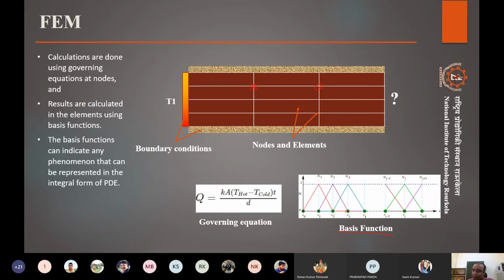For example, just now we saw that there was a beam, right? And in the beam, we had made certain meshes like this. Sorry.